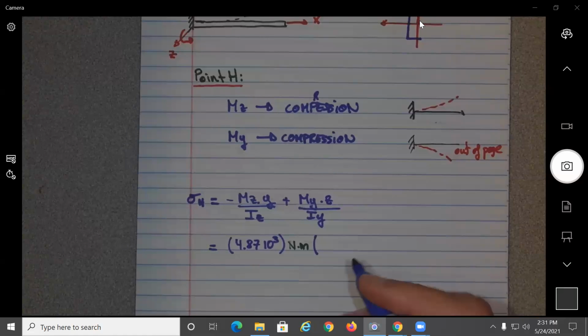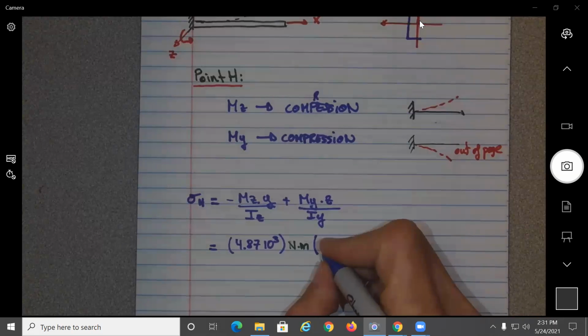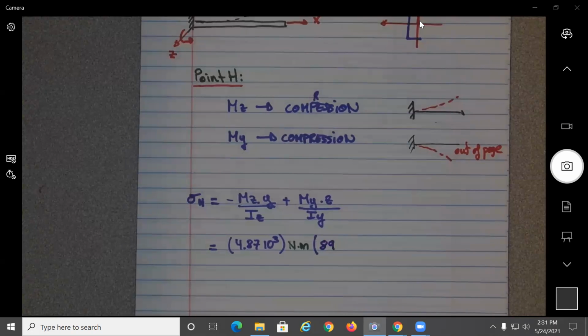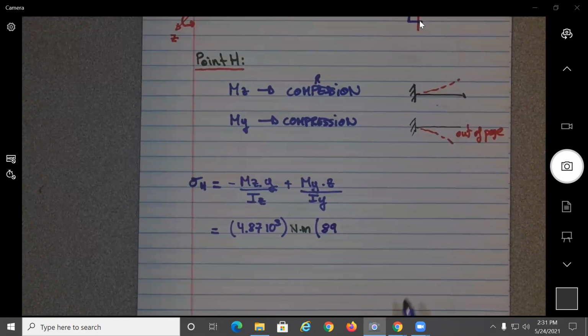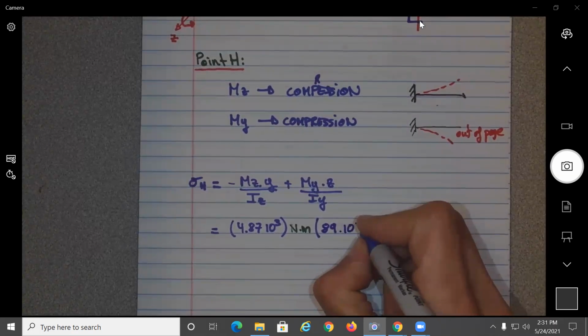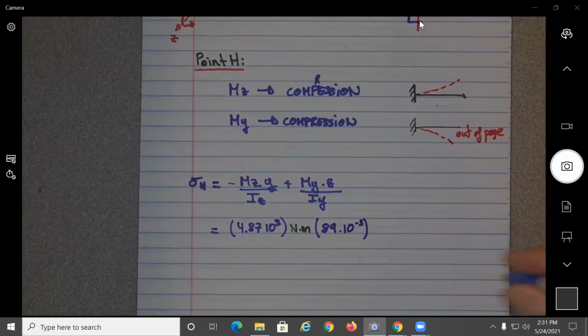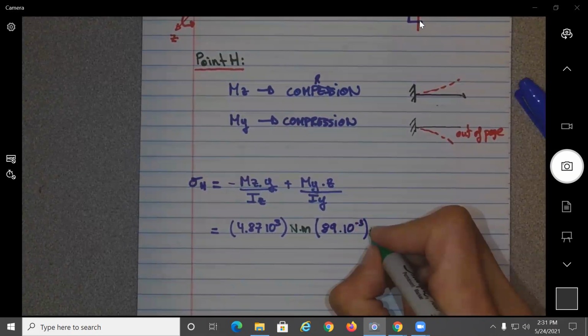So what would that be? How many meters is 89 millimeters? What do I need to multiply by? 10 to the negative 3. So that's good, they'll cancel each other, and now this will become meters.